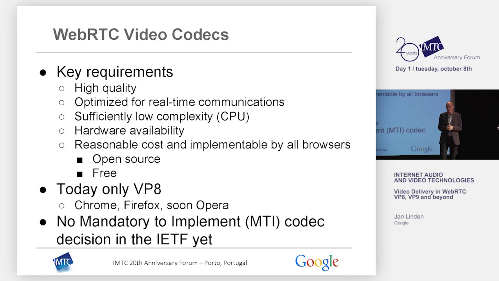And therefore, hardware availability is an important factor. And of course, it has to be a reasonable cost, both for developers, for the browser manufacturers, and for anyone that wants to do something with this.